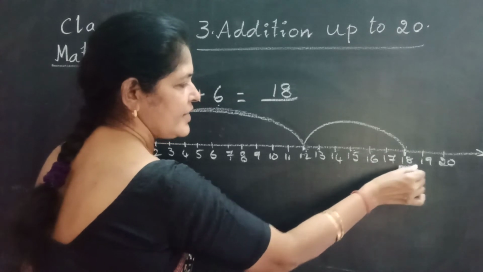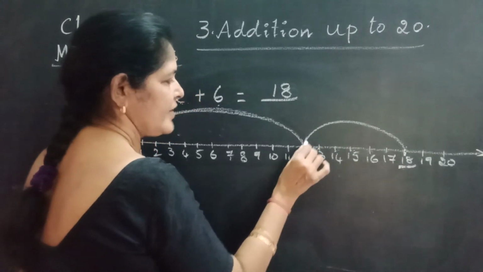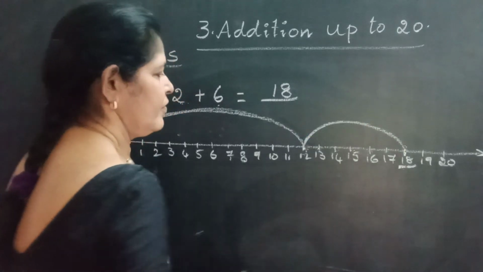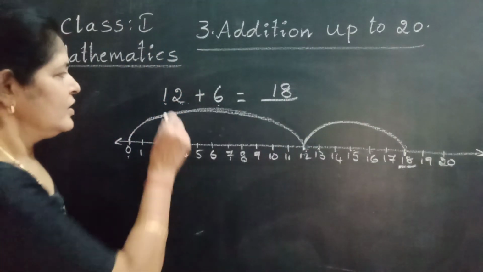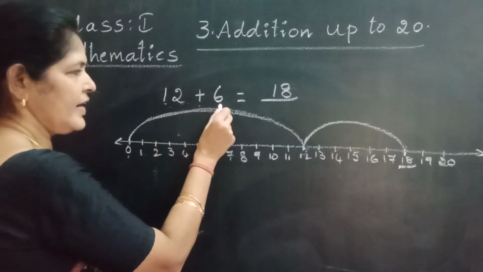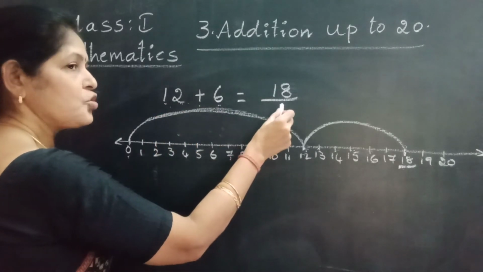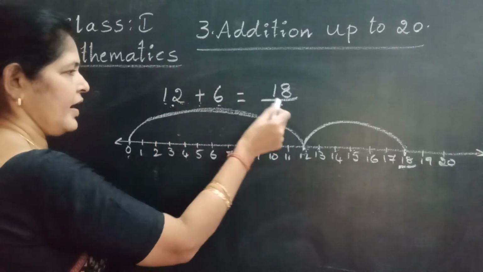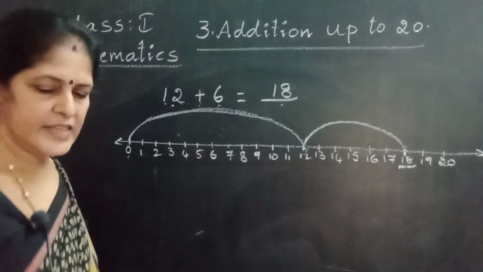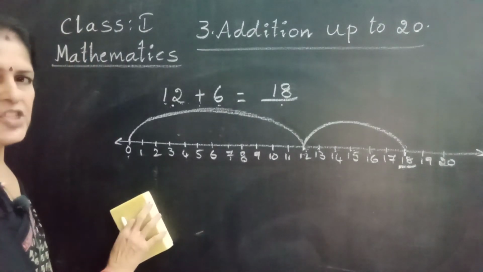Stop. 18 is the answer. Make a line again from 12 to 18. Understood? This is addition of a 2-digit number plus a 1-digit number. Total is a 2-digit number. Understood, my dear children?